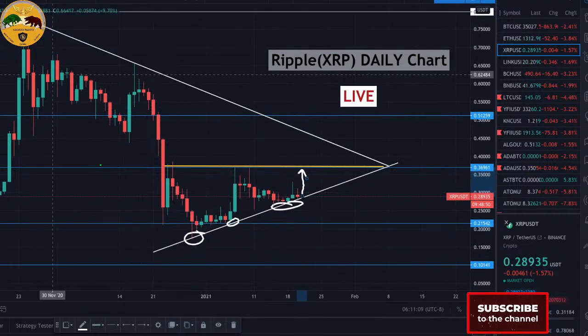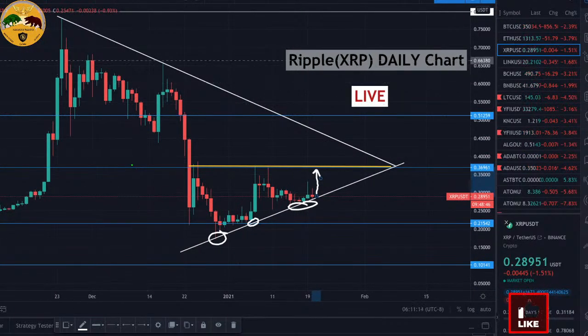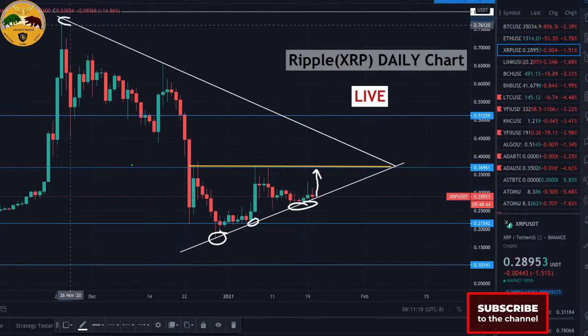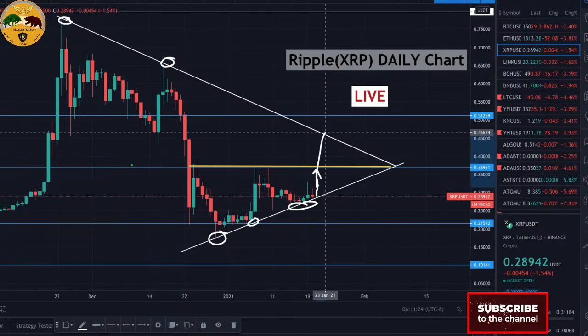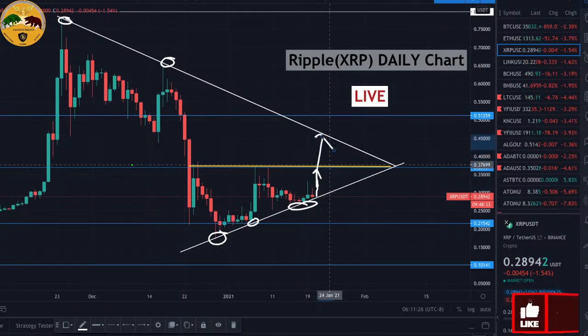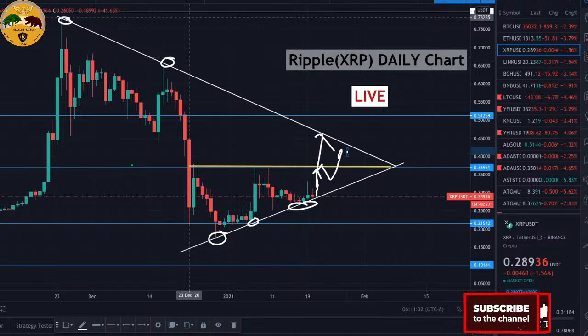That is where our resistance is on the daily chart. You see the first touch of the resistance right here, another touch right here, and we could likely see another touch on this zone. Once XRP gets to this point, it is going to react, pull back, and then try to break the resistance again.